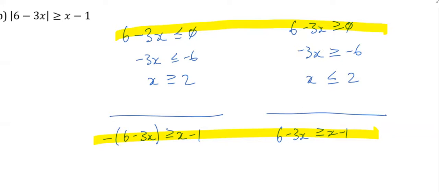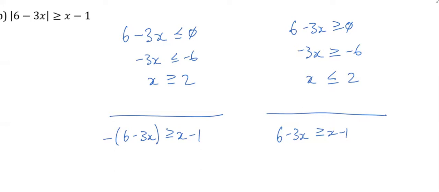Let me give you an example. Some of you might say that doesn't make any sense. When x is bigger, is going to make this negative. That's not how any of the other ones worked. When x gets bigger, how is that going to make that negative? Well, because I'm subtracting, right?